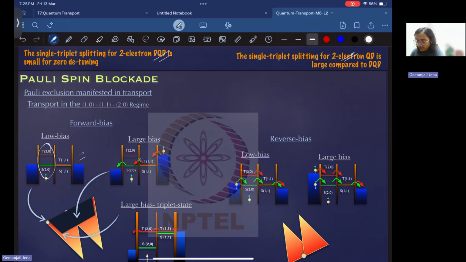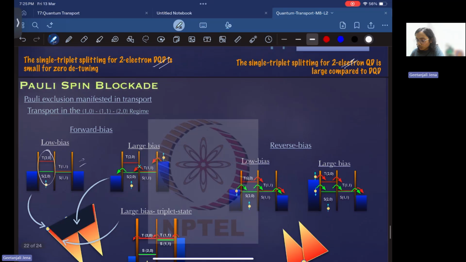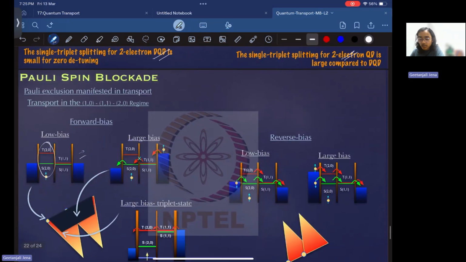The left side is more like a two electron single quantum dot. So that is why the splitting is very large. But for this one, which has the 1 1 state, it is behaving like a double quantum dot. Okay.